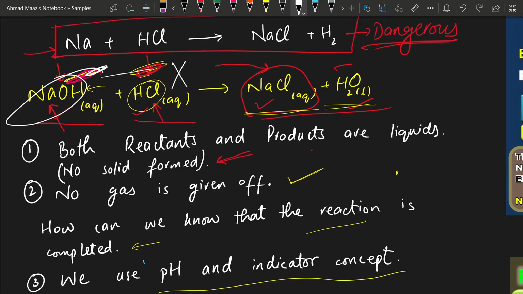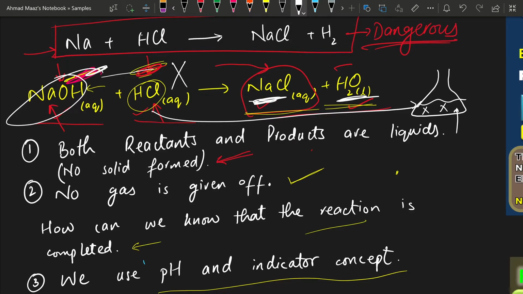And at that point we'll not add any more drops of acid, so that we can be sure that in our flask the alkali is gone and there is no acid as well. So what do we have in our flask? We have a solution of sodium chloride and we have water.